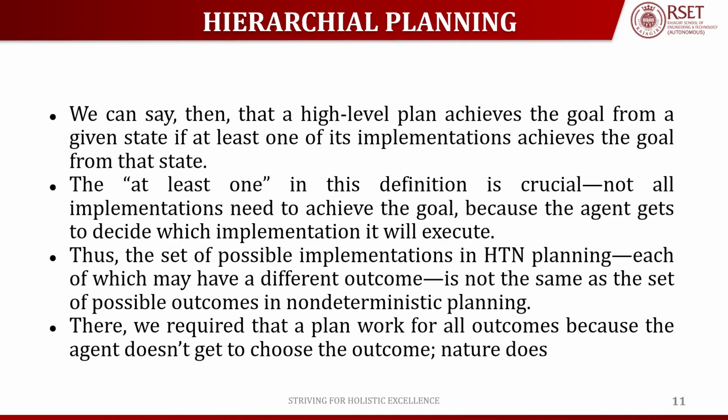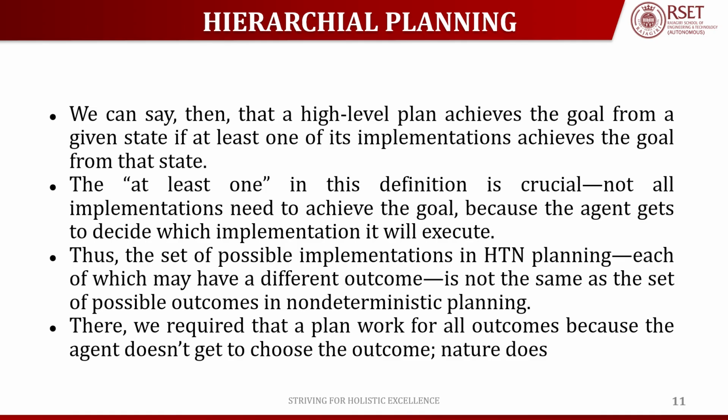For example, a high-level plan like Go(Home, SFO) can be executed in different ways with the help of a taxi, a bus, or driving plus a shuttle. If any one reaches SFO, then the plan is considered valid. You do not require every possible method to work.